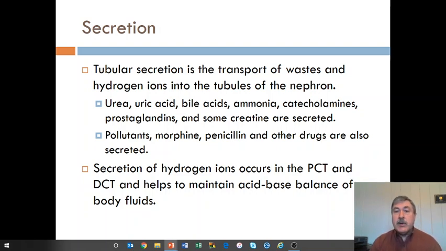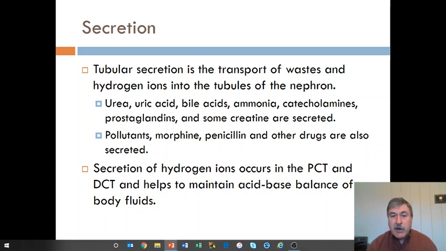Now, tubular secretion is the transport of waste and hydrogen ions into the tubules of the nephron. Urea, uric acid, bile acids, ammonia, catecholamines, prostaglandins, and some creatine are secreted. Also pollutants, drugs like morphine, penicillin, and other drugs are also secreted.